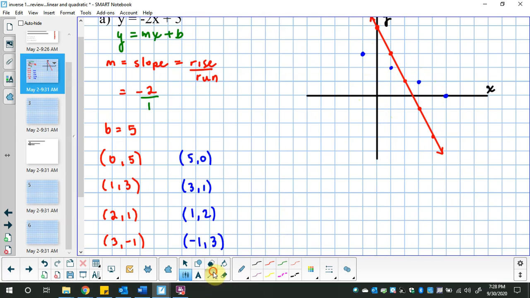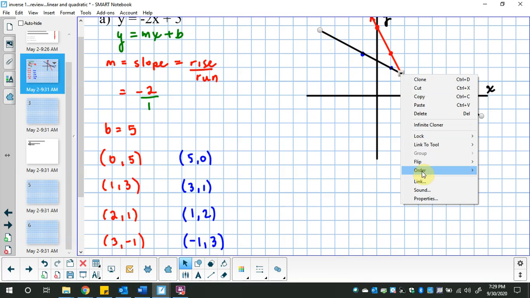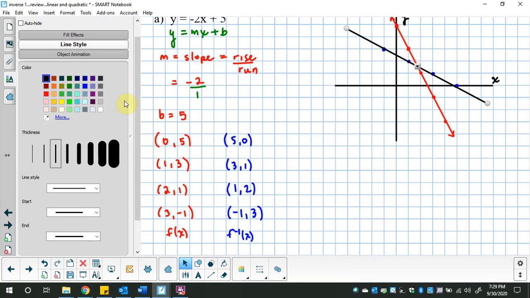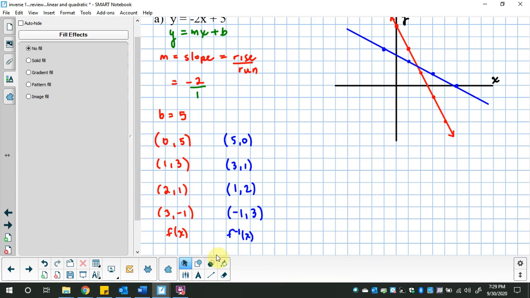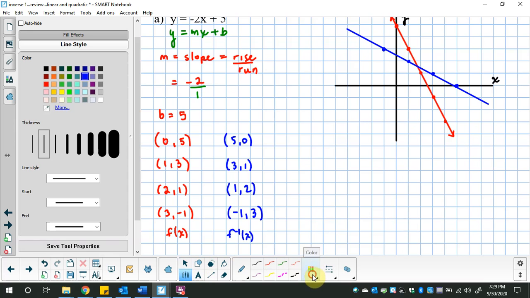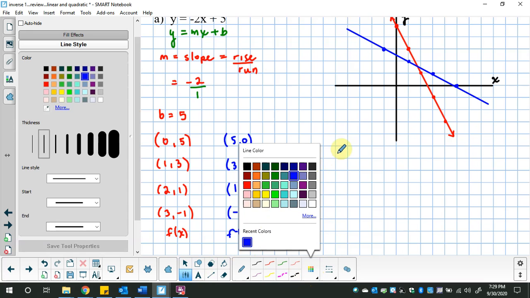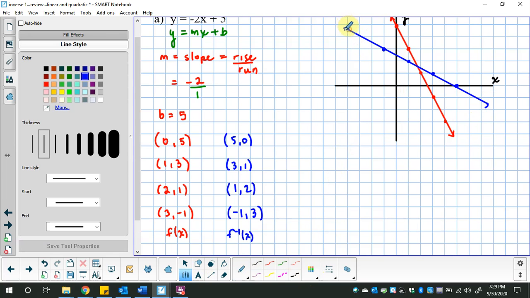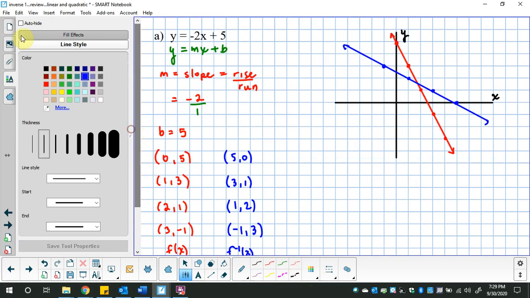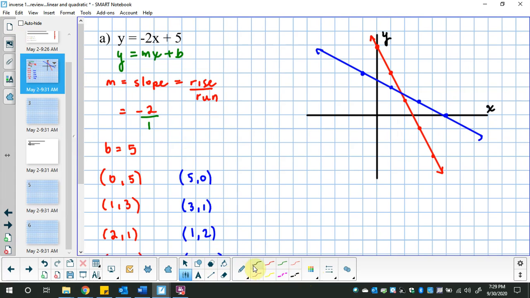If I connect them with a line and turn it blue, I will have the inverse. Arrows on the end.